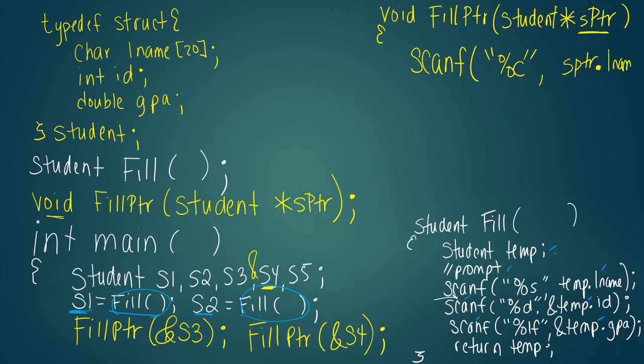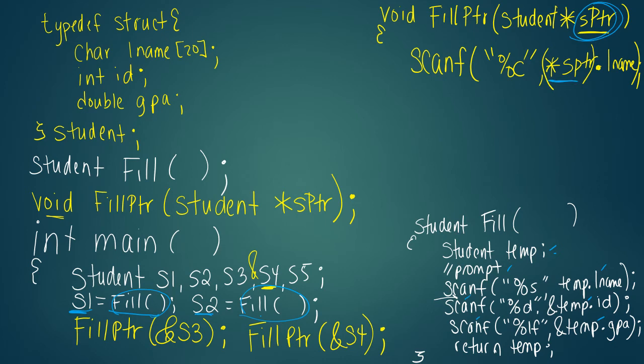LName. Now the thing that you have to realize here is that SPTR is not a student. SPTR is a pointer to a student. So in order to get there, I need to go to the value at SPTR dot LName. It's kind of confusing because I'm dereferencing the pointer to my student right here; SPTR is the address where a student is located. So you're going to have to go to the value at SPTR dot field name.